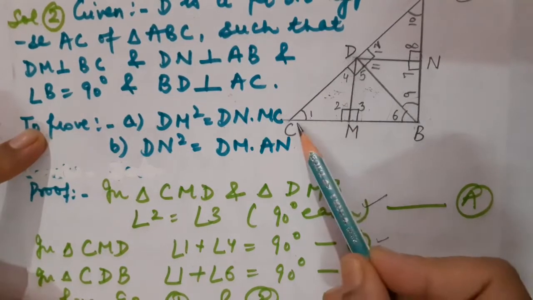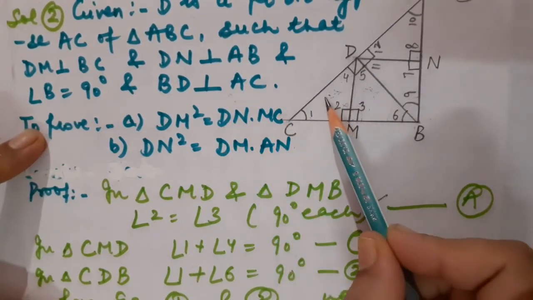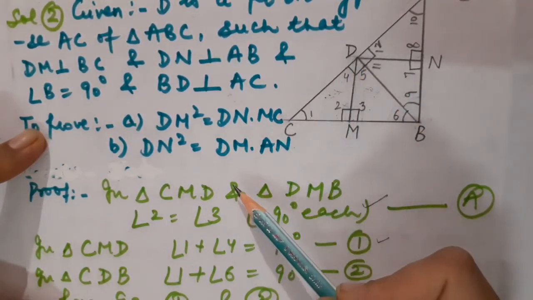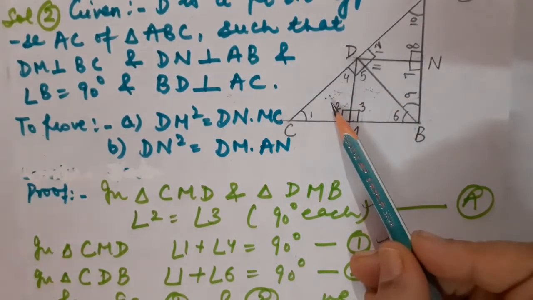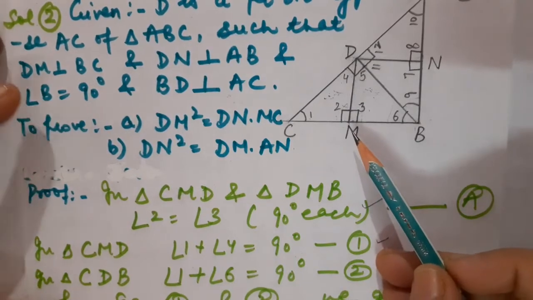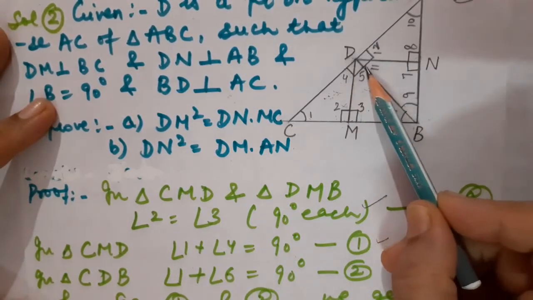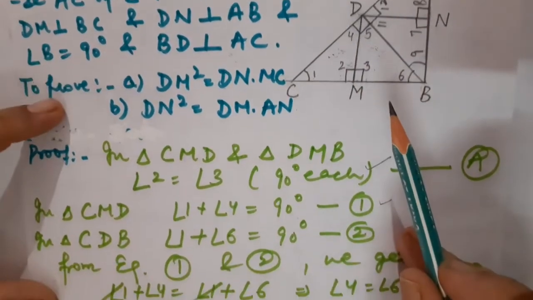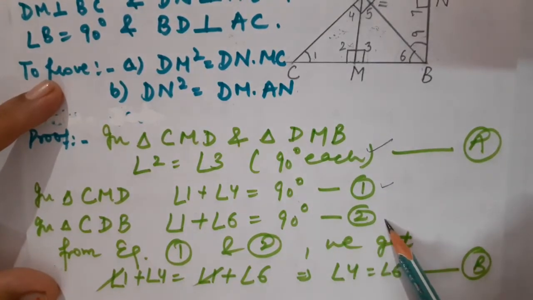Do you remember? When I explained theorem 6.7, then also I applied it in one smaller triangle and another one the bigger right angle triangle. Correct? So now you apply in triangle DCB. So what am I going to leave? Angle 4 plus angle 5 because it is forming 90 degrees. So it means angle 1 plus angle 6 will also be equal to 90 degrees. Let it be considered as equation number 2.